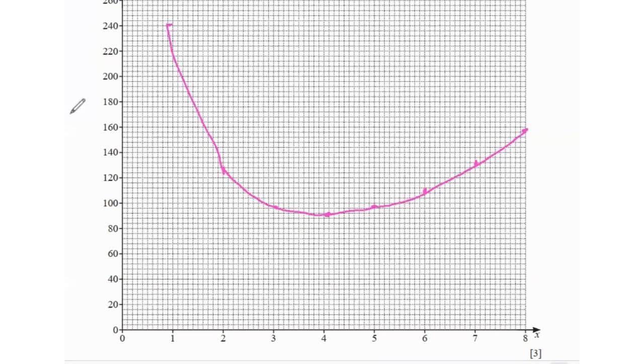Our turning point is at x equals 4, which means our minimum point is going to be 92. That is our minimum point. Because that's where the curve is turning. Before that, we have 98, and after that, we have 98, which means this is our minimum point.